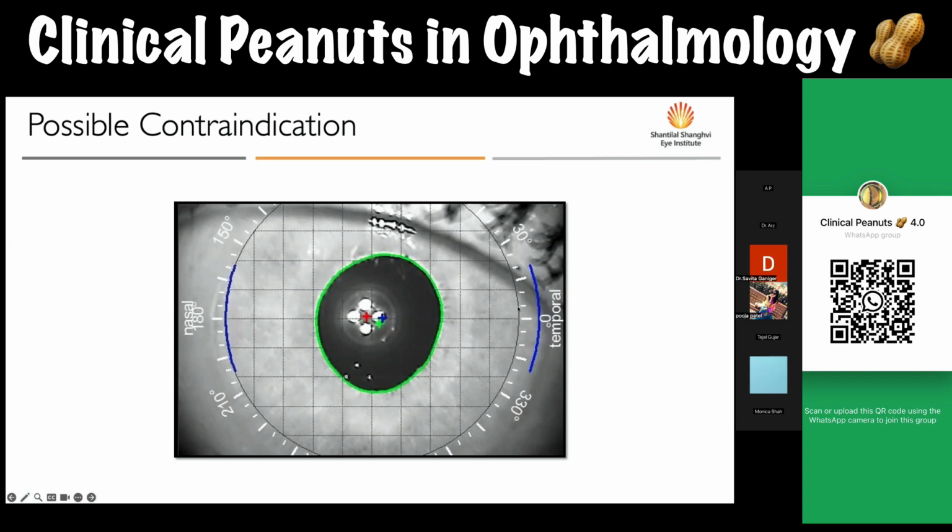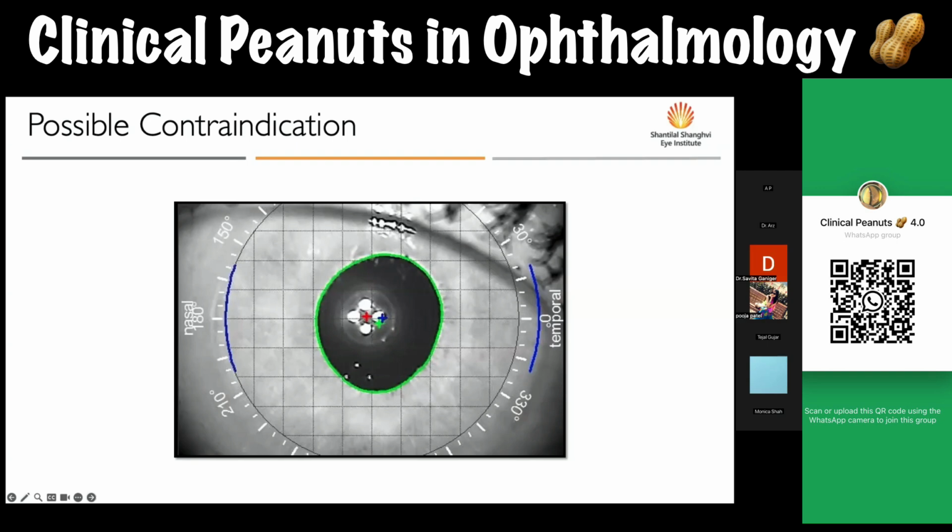Theoretically, it's stated that when this angle exceeds 0.5, the center of the capsular bag, for which this limbus to limbus is a surrogate marker, and the visual axis, which is essentially the line of sight of the patient, may not coincide with each other.